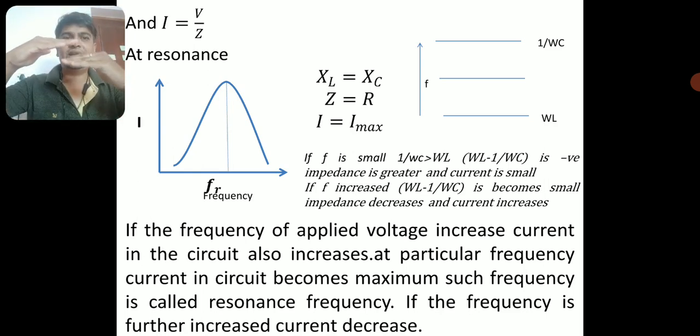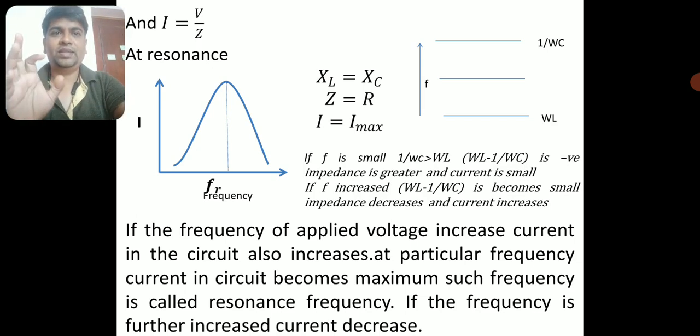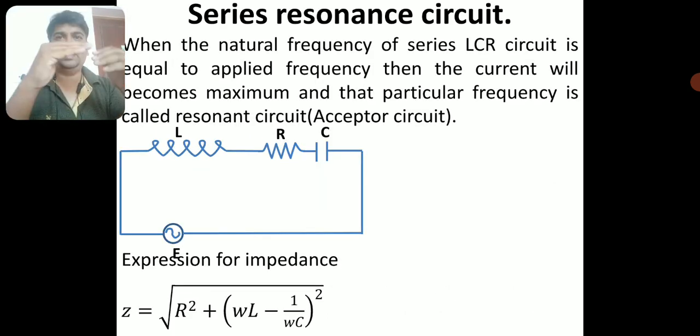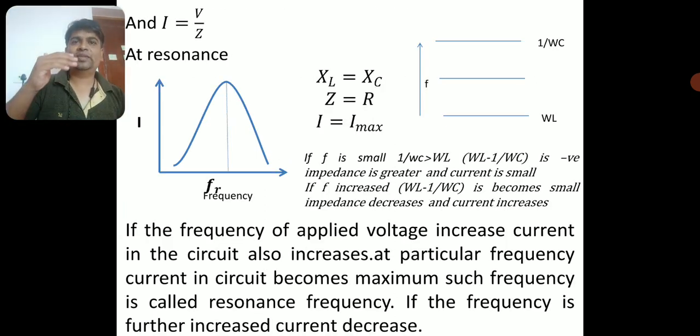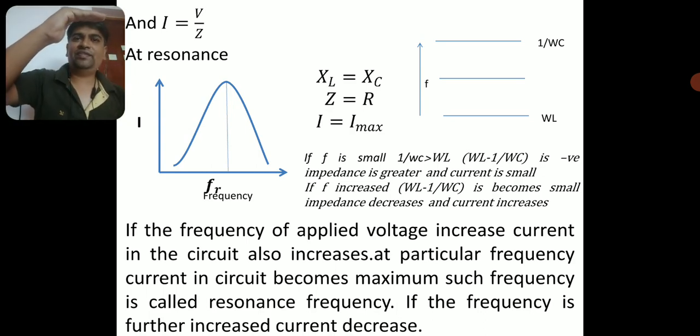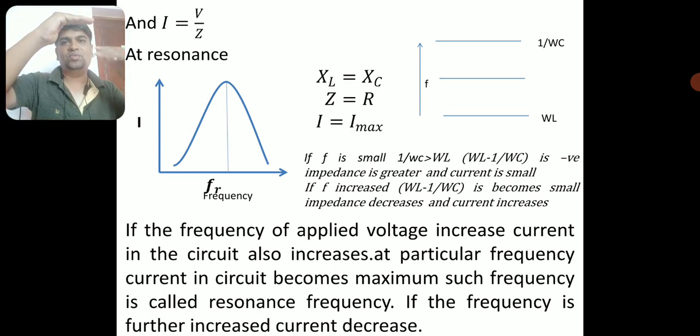If this gap becomes very small, the second term in the impedance becomes small. So if the second term is small, obviously Z is small. Therefore, the current increases. And at a particular frequency, XL is equal to XC. Both are same. If that is the case, then the impedance is only the resistance. Then the current is maximum.